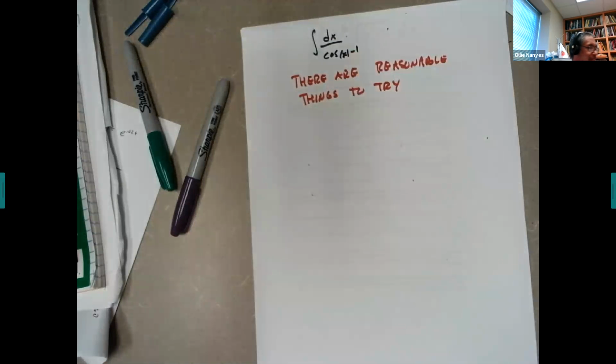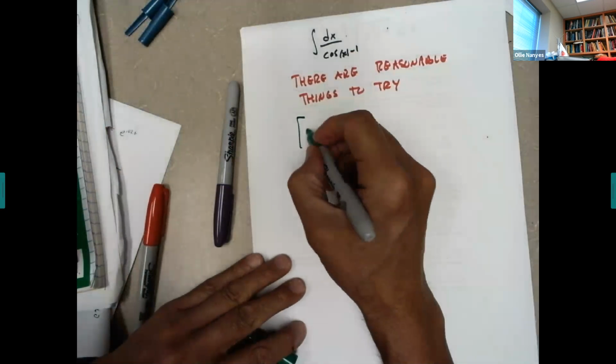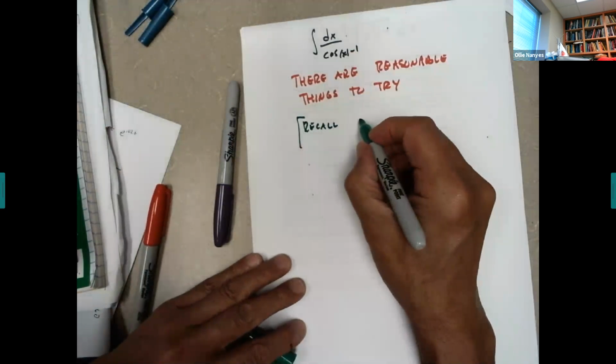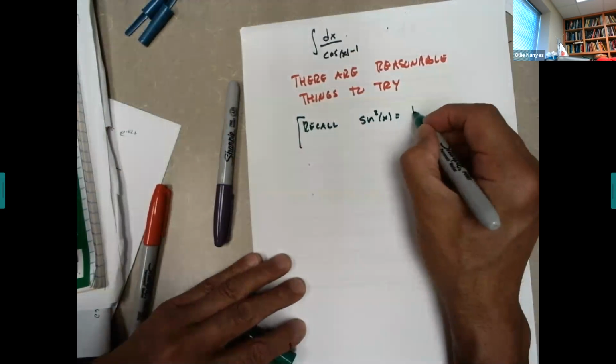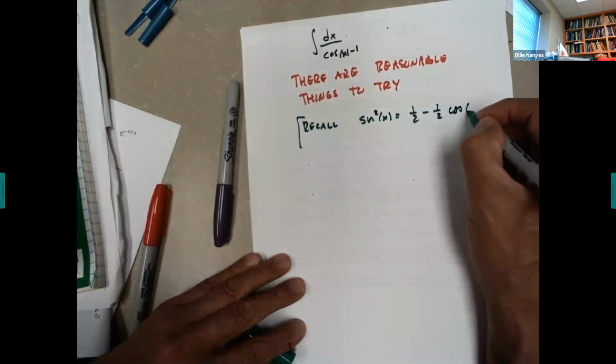And if you remember what that is, you remember something like this. So let's recall. Recall that sine squared of x is 1/2 minus 1/2 cosine of 2x.